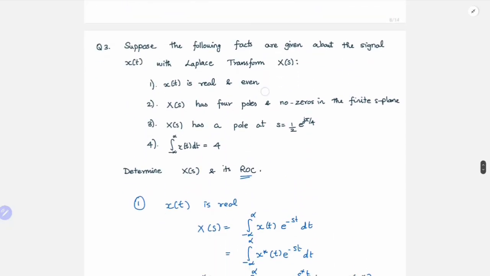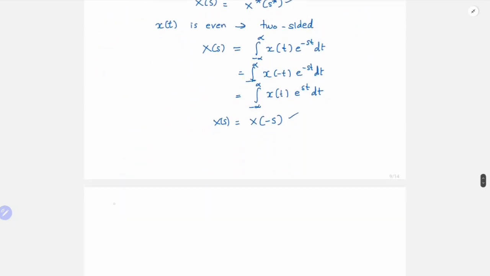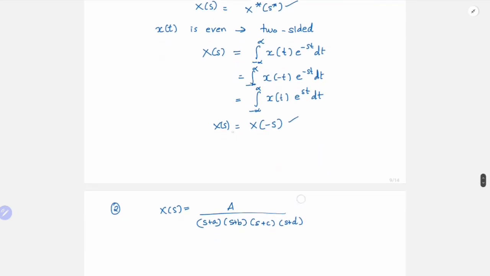So now let us look at what is given. x of s has 4 poles and no zeros in the finite s-plane. So it will be something of this form: s plus a into s plus b into s plus c into s plus d. So now let us use both these conditions.